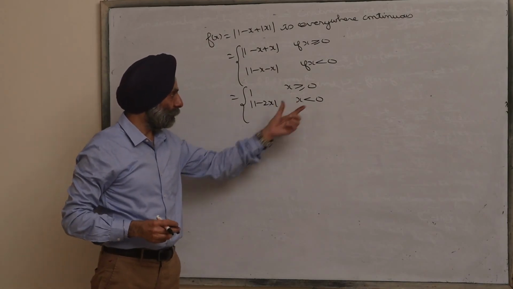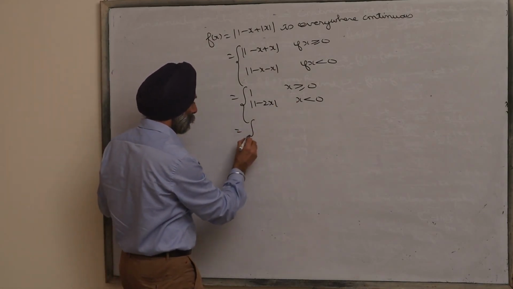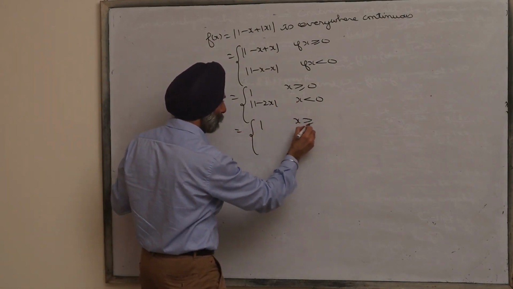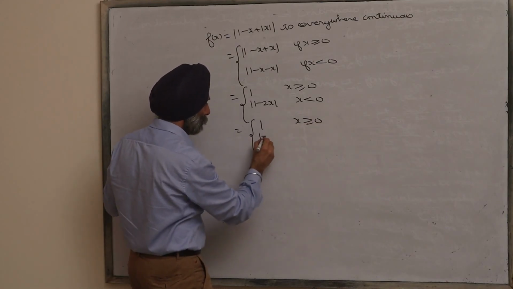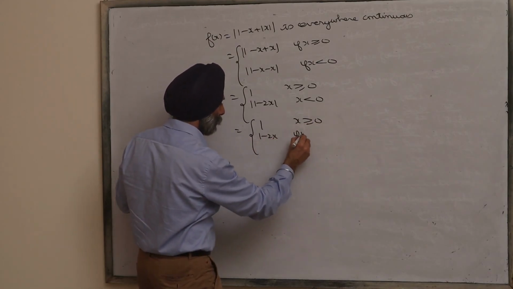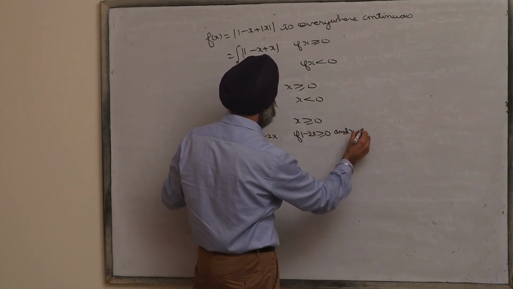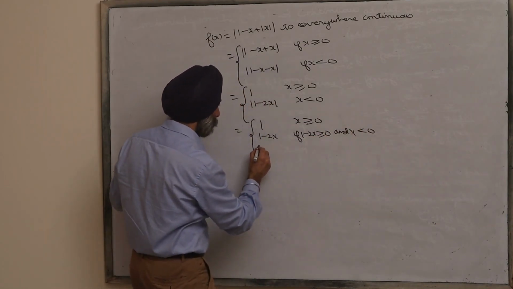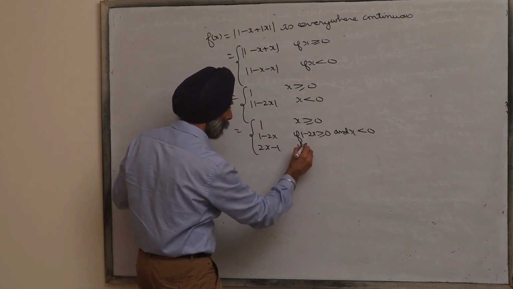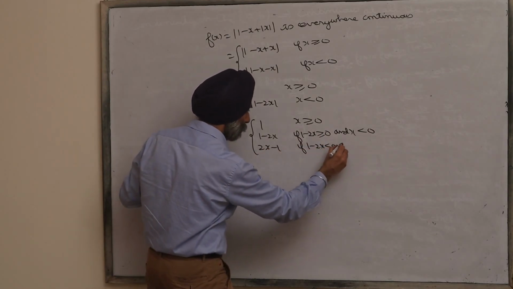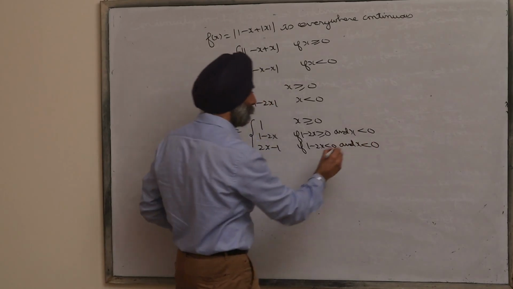Now we will define this function once again. So this is equal to 1 if x is greater than or equal to 0, 1 minus 2x if 1 minus 2x is greater than or equal to 0 and x is less than 0, and 2x minus 1 if 1 minus 2x is less than 0 and x is less than 0.